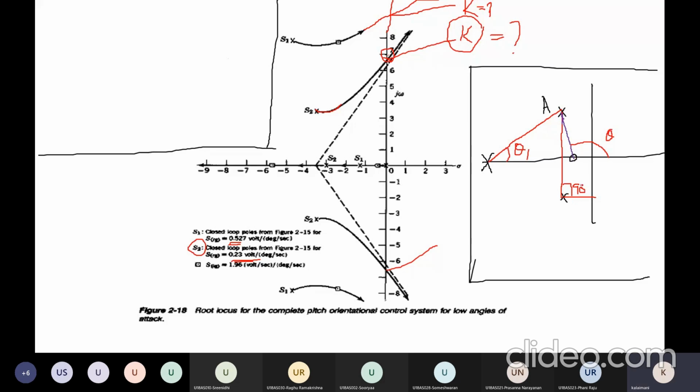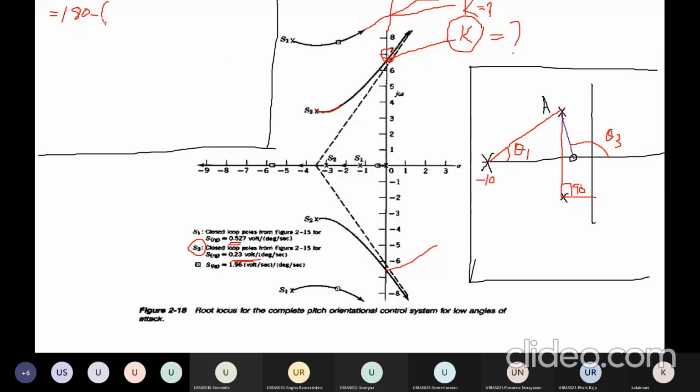Theta 2 is 90 degrees, and this I make theta 3. So the angle of departure for a complex pole located at A, the formula is 180 degrees minus the sum of angles contributed from other poles to the complex pole. One other pole is located at minus 10, another one is located at this location. Therefore, we make this angle theta 1 plus this angle theta 2.